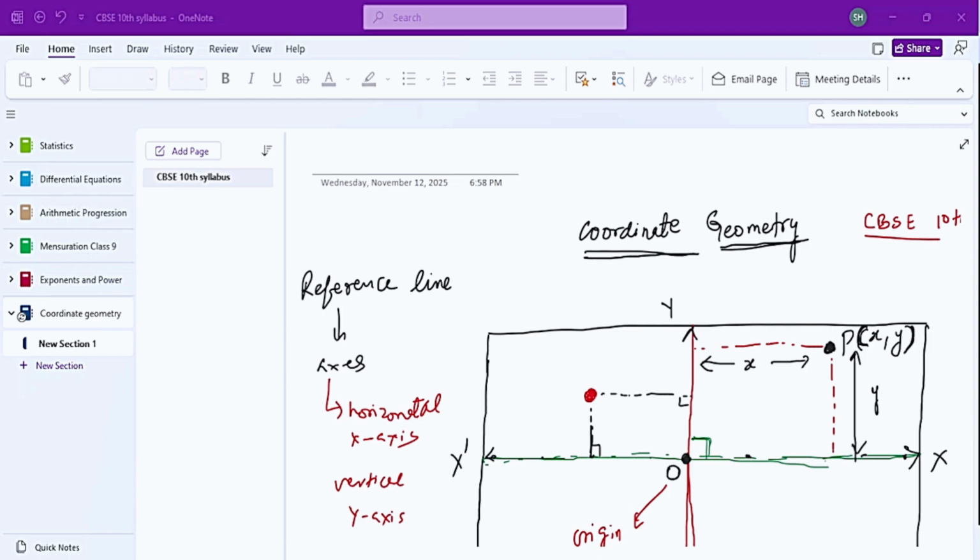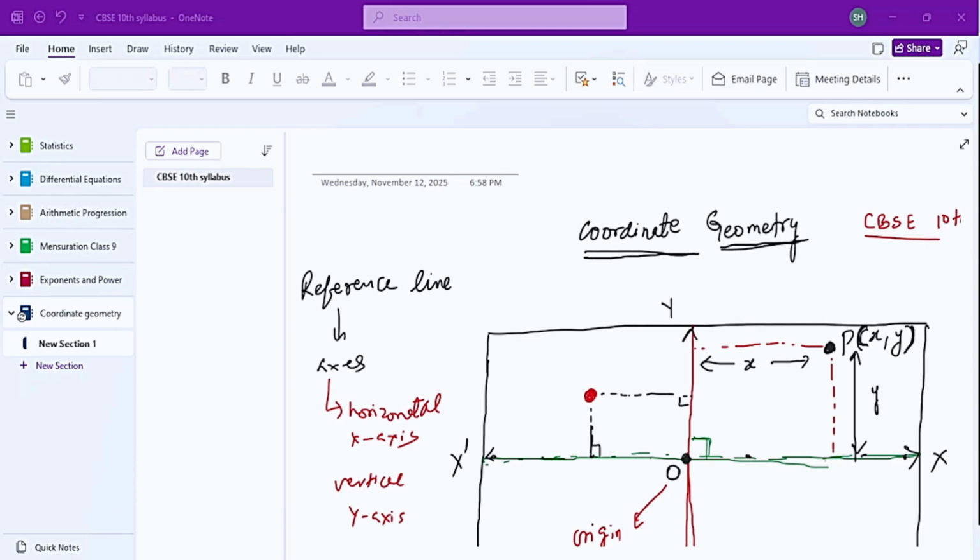The xy plane is a horizontal reference line and a vertical reference line, right? With reference to these, how far the point is from the horizontal line and from the vertical line is the coordinate of a point.